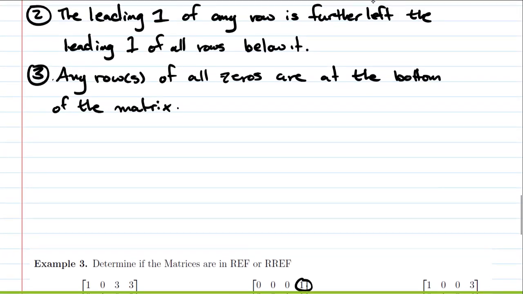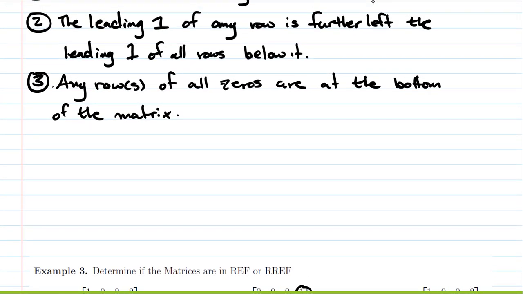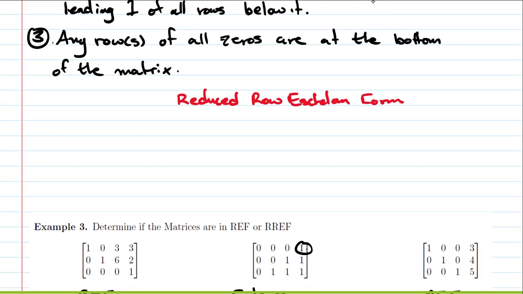All right, so let's pop back up here. We're going to add our one thing for reduced row echelon form. RREF has all of the same 3 row properties, but it also has a 4th column property.